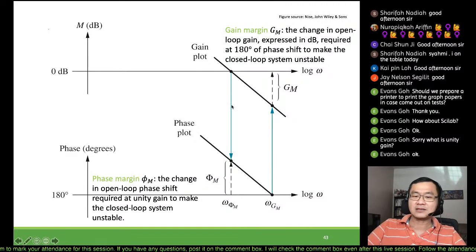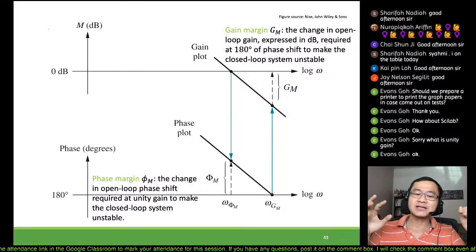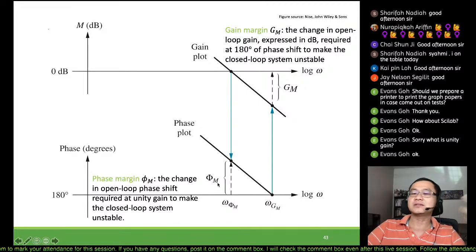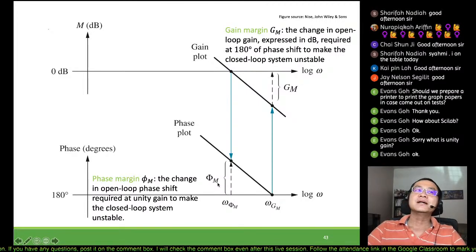Then we plot and check what this particular phase difference, or phase margin, is, where it allows the unity gain to make the closed loop system become unstable. So you have the gain margin and the phase margin being defined from the Bode plot.